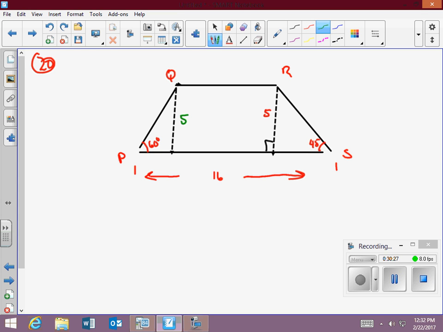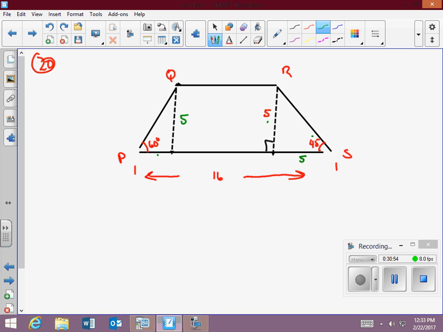Well, because this is a 45-degree angle here, these two sides have to be the same. Right. Now, this side right here, you can actually do a ratio like this.